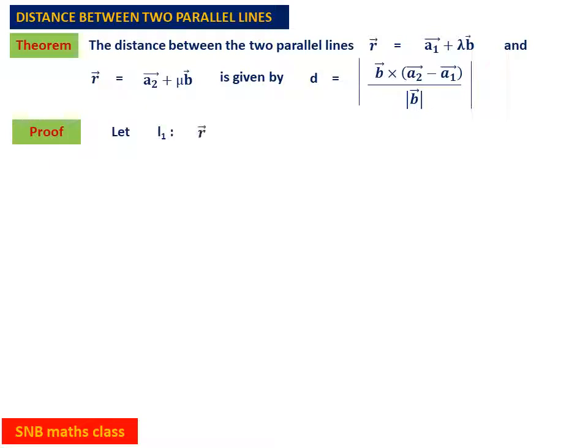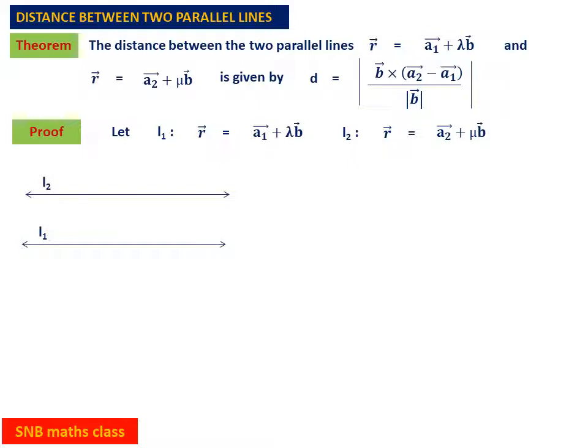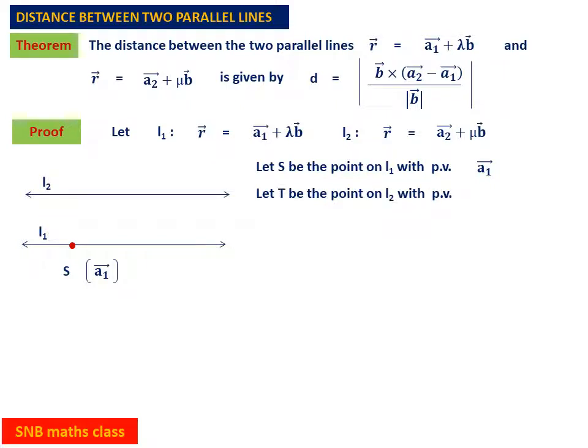Proof. Let L1 be the given line, r equal to A1 plus lambda B, and L2 be the second line, r equal to A2 plus mu B. These two are parallel because vector B is the same. Now let S be the point on L1 with position vector A1. Then let T be the point on L2 with position vector A2.